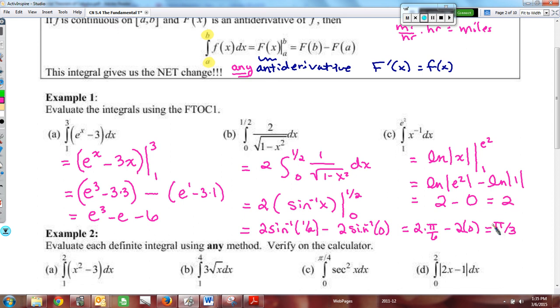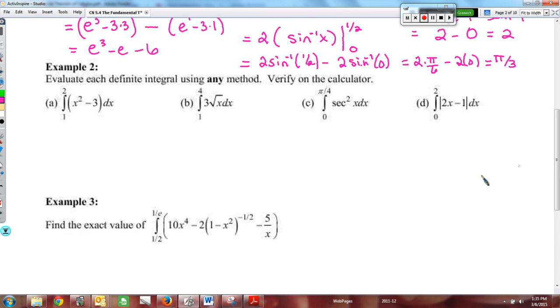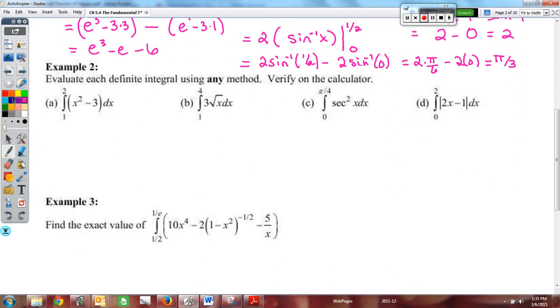So this is going to be our shortcut for finding the net change or finding the definite integrals. We are going to use antiderivatives that we know, and we are going to then calculate the net change in the antiderivative. All right, so let's take a look at example 2 and kind of work through those.